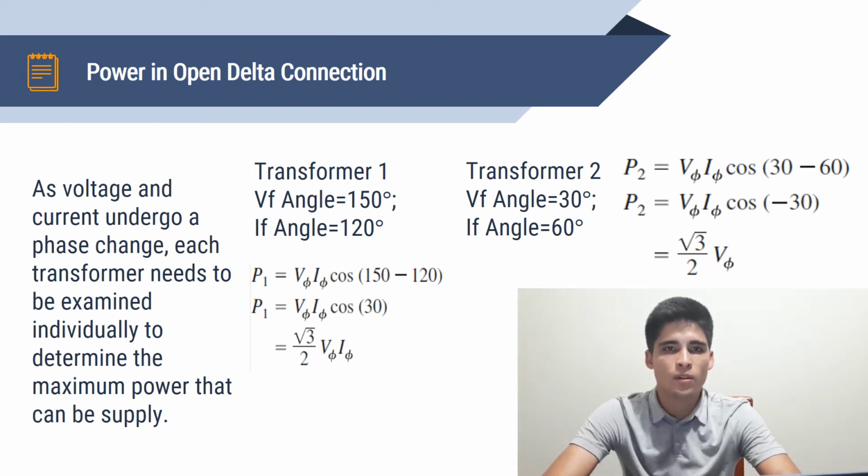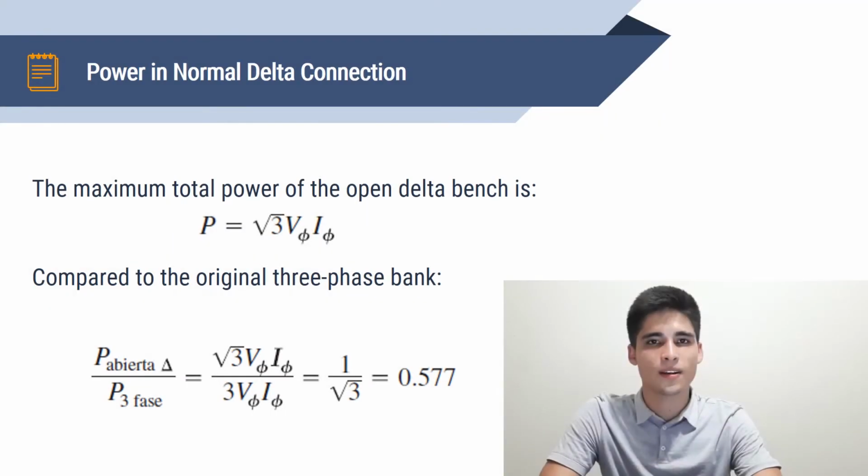For T1, we have P1's expression, while for T2, we have P2's expression. Therefore, the maximum power will be P expression.